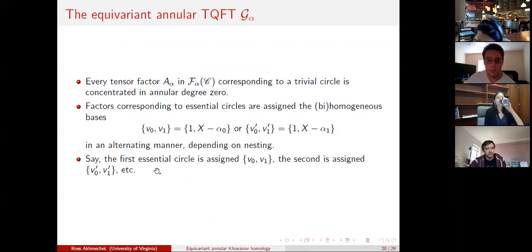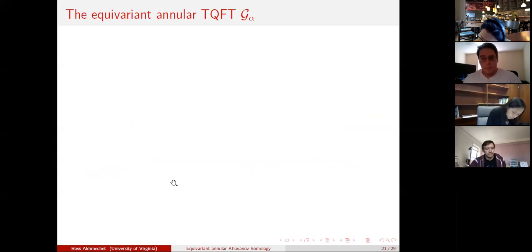The very first essential circle, the one closest to the puncture, is given a bihomogeneous basis, homogeneous with respect to the bigrading, Qdeg and Adeg. The innermost one is assigned this basis, the second one is assigned the other one with the primes, and then the third one is assigned V null, V1 again, so it alternates like this. That's the key point, this alternating assignment.